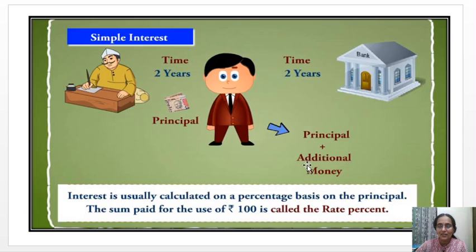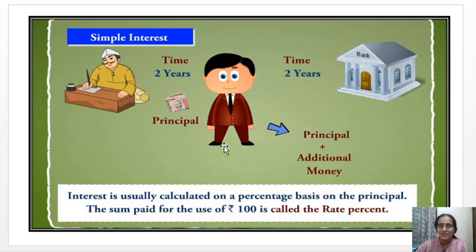When you borrow the money, you have to add an additional amount to the original amount, and when you deposit the money, you get back extra money from the bank. When you have borrowed the money from a person, you have to give back that extra amount to the money lender, right? This additional amount is called interest.